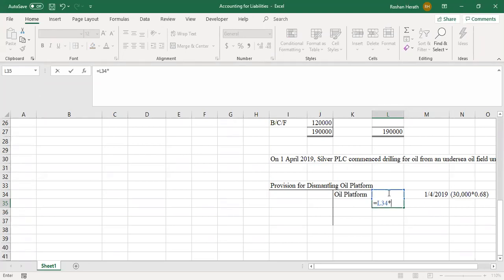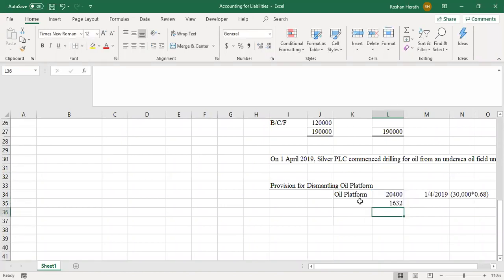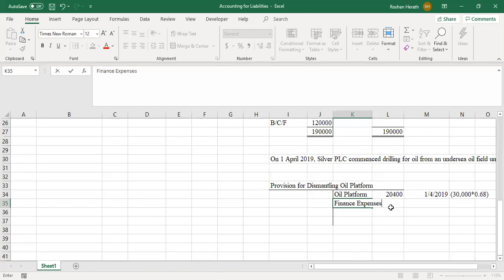You multiply by the same discounting rate that you had used. We have discounted this at 8%, so now you need to compound that at 8%. And that is a finance charge. So you can take this to the finance expenses.